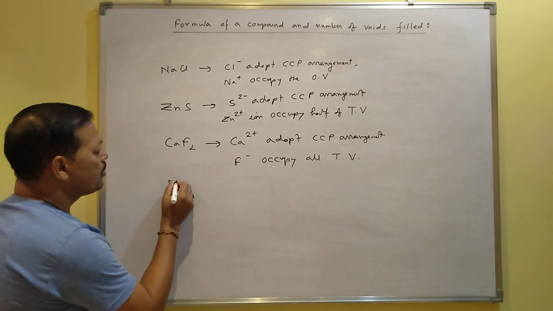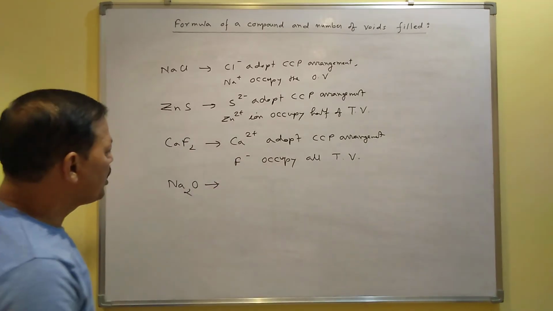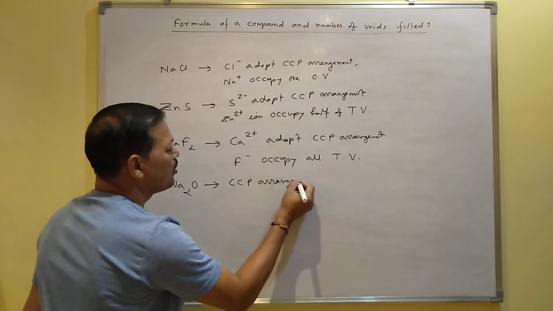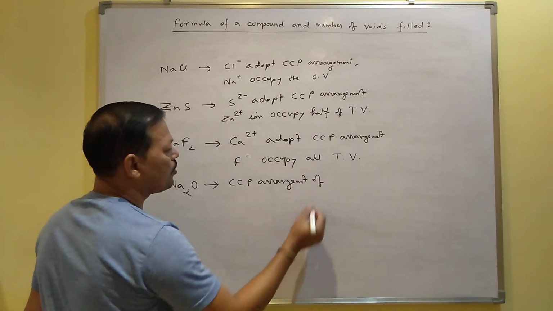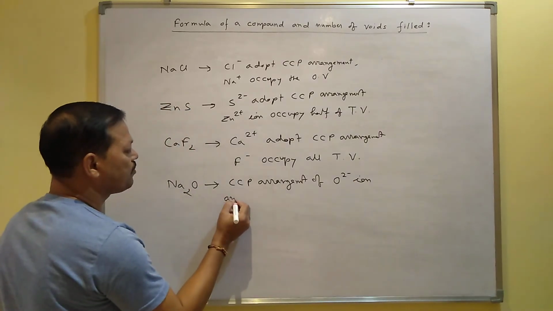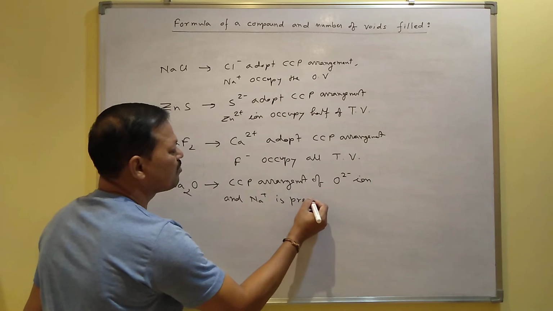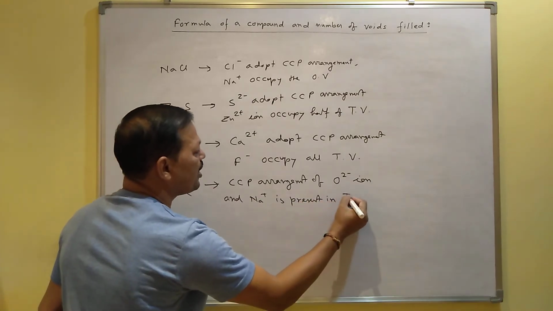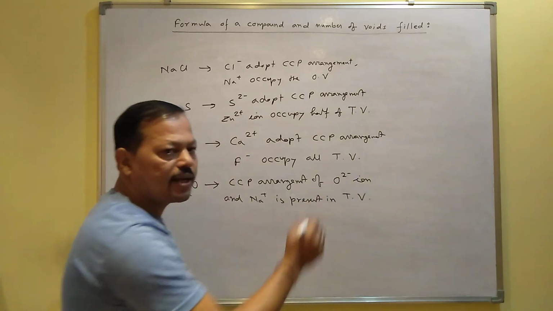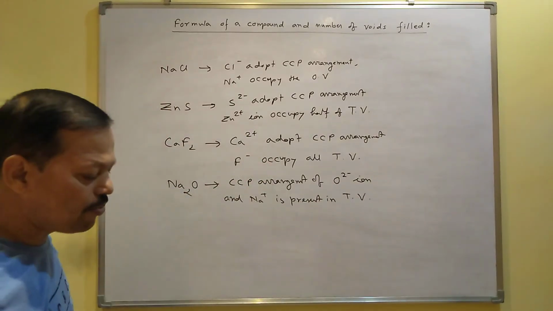If you consider the sodium oxide structure, then you will get CCP arrangement of oxide ions O2 minus, and sodium ions are present in tetrahedral voids because the ratio is 2:1. That's why they must be present in tetrahedral voids. So these are different structures of different solids which are experimentally observed.